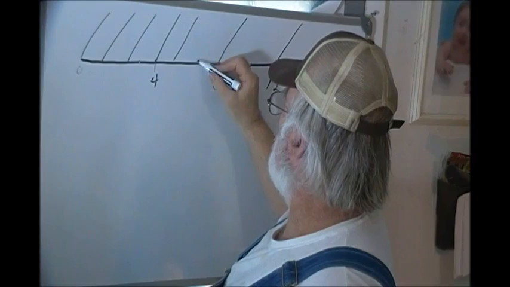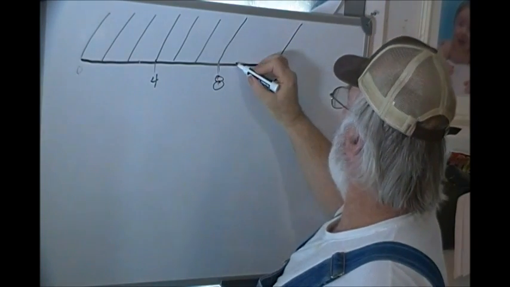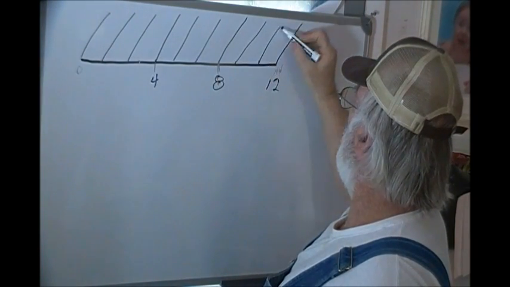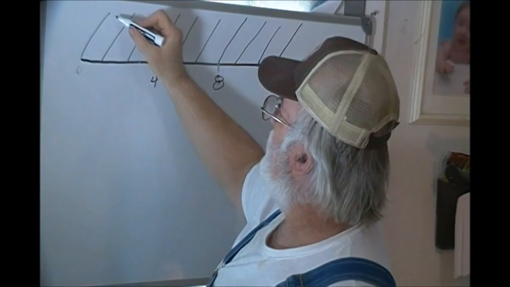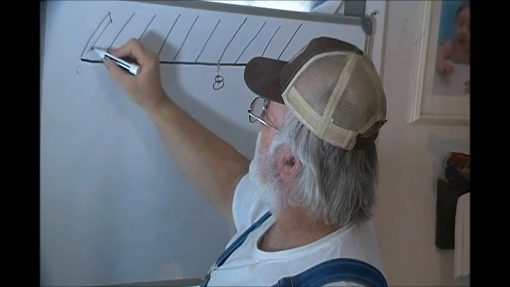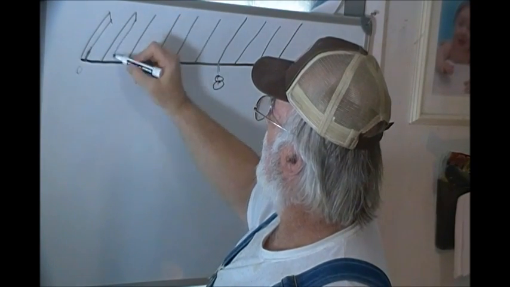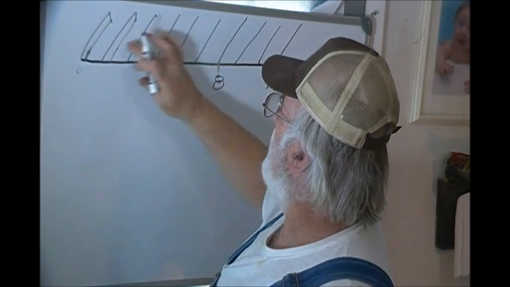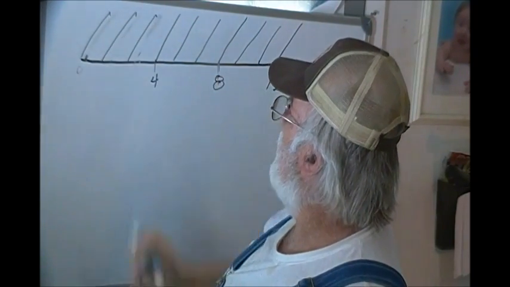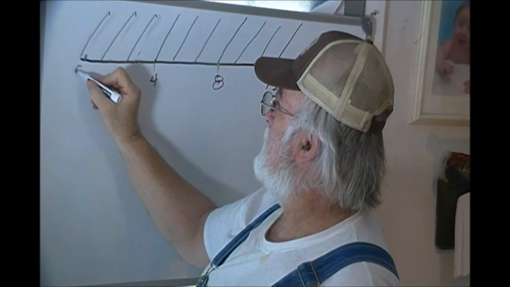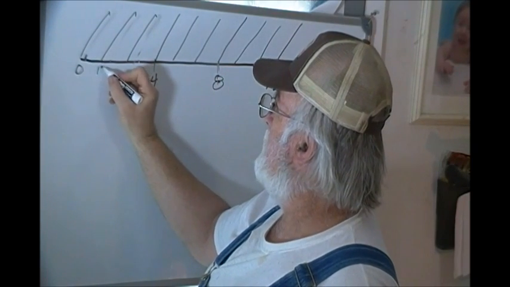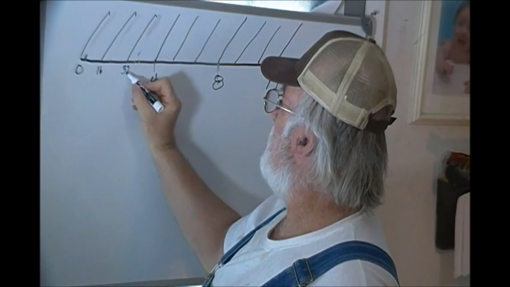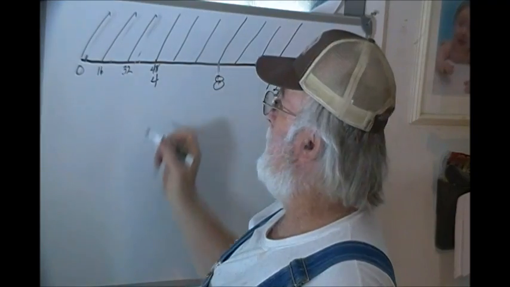Here's the floor joist I'm drawing, by the way. This is the floor. If I want to get pretty with it, I can do it like this. But anyway, this is at 0, this is at 16, this is at 32, this is at 48 on your measuring tape.